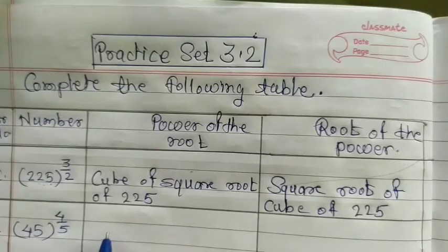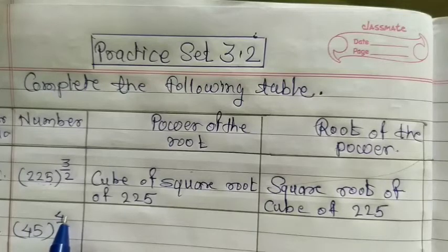Then in the second example, first the fourth power of fifth root of 45.